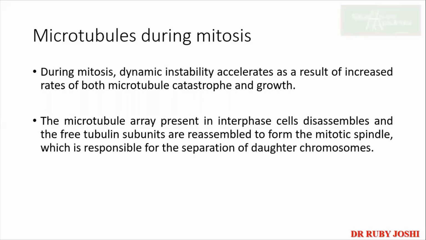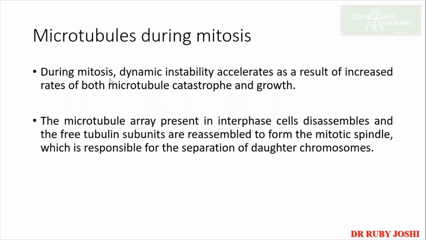So that time the answer was, at the plus end only, the catastrophic depolymerization of the microtubule is happening. Okay, so that was the answer. Now we are going to see how exactly this is happening. I tried to get all the images and the video so that the concept becomes more clear.